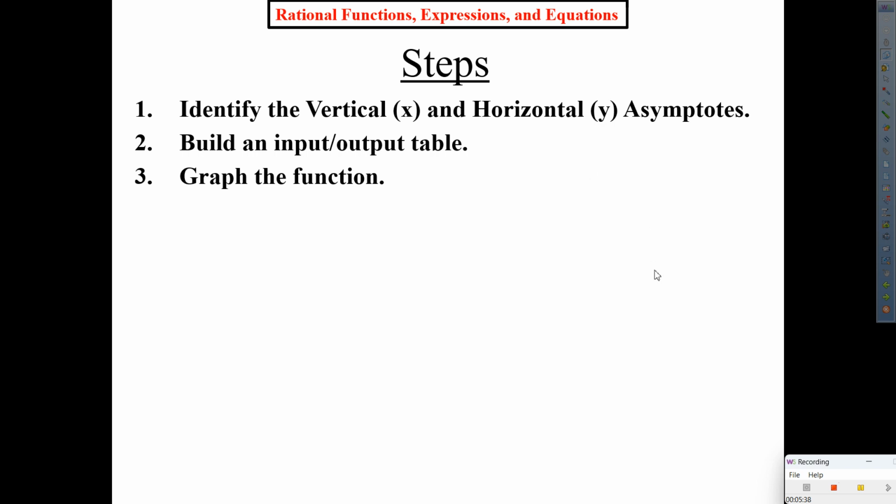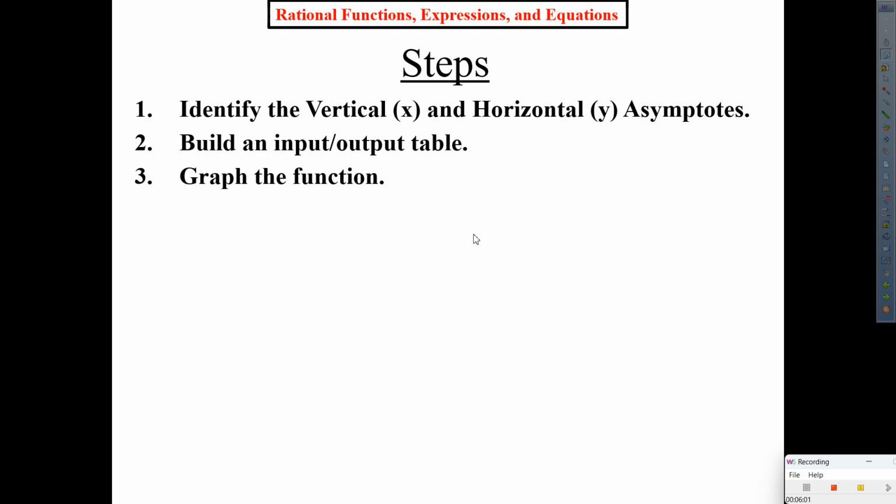I'll give you some time. Go. All right, once again, steps. Identify vertical and horizontal asymptotes. Build an input-output table. And graph the function. Okay, I'm going to move on. You have the code to log in and get the slide in case you missed some of the process.